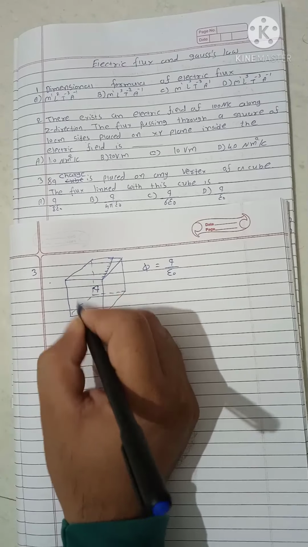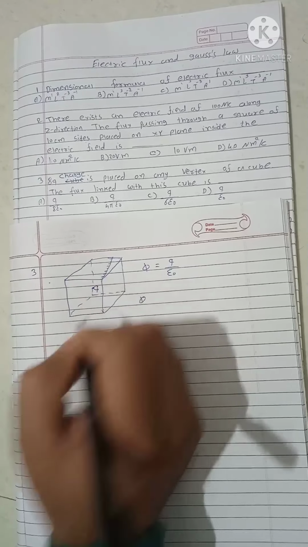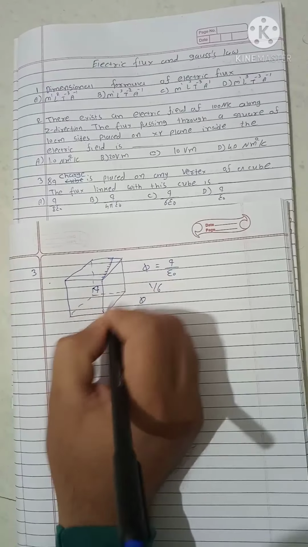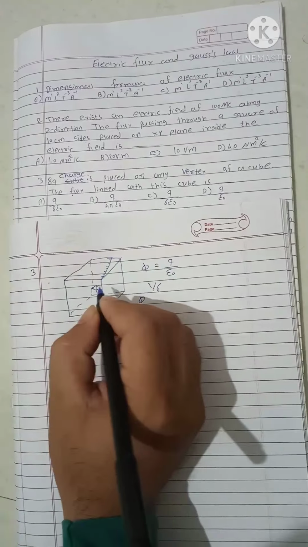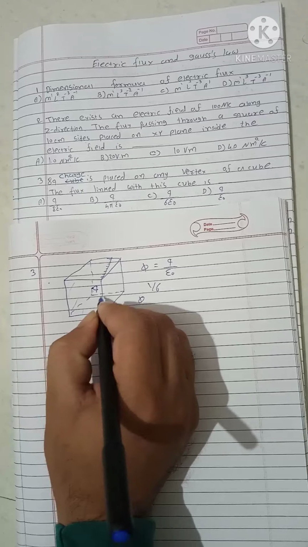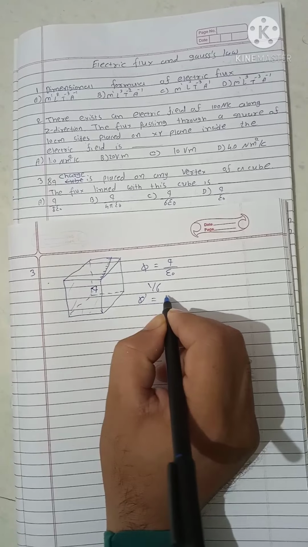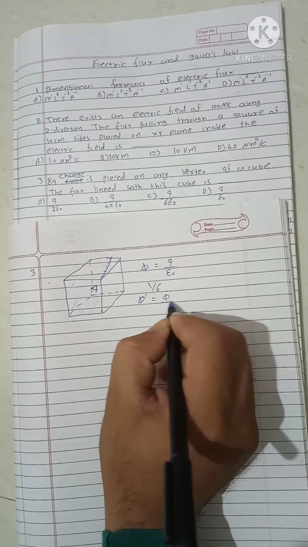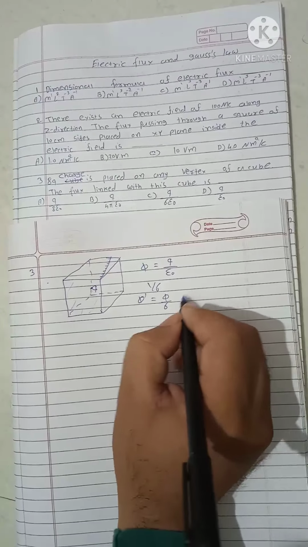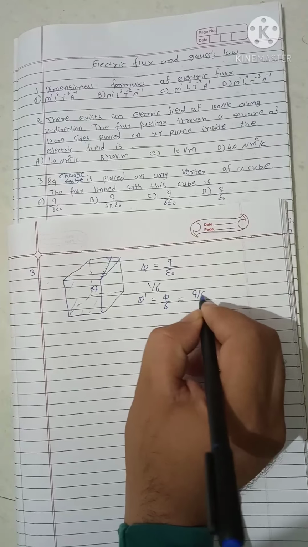But now see what happens if we consider the electric flux for only one surface of this cube. One surface is actually 1/6 part of this cube. So the flux linked with this surface will be, as this surface is 1/6 part of the whole cube, q by epsilon 0 upon 6.